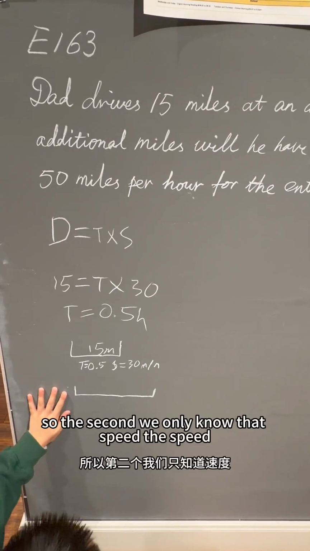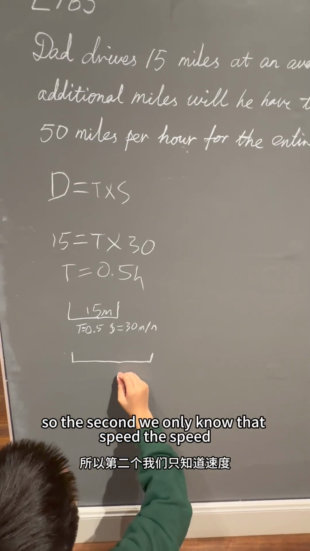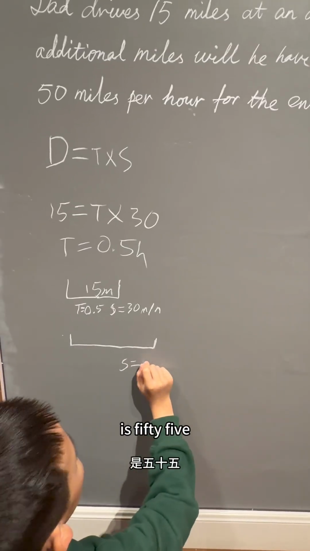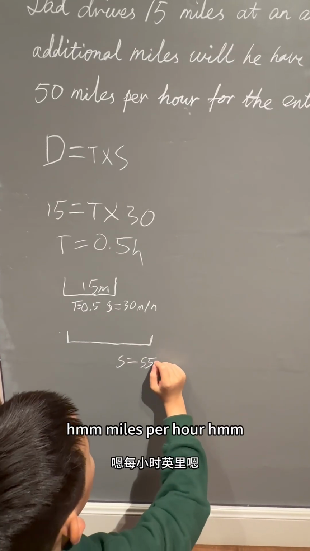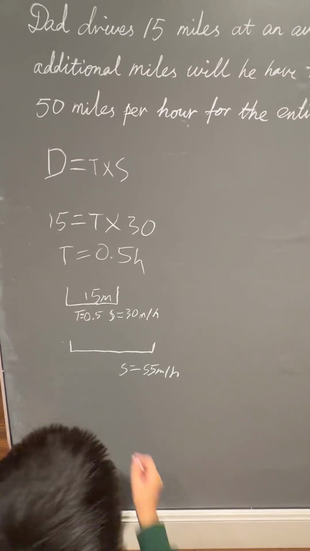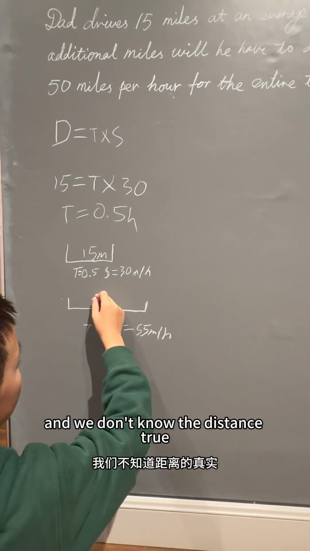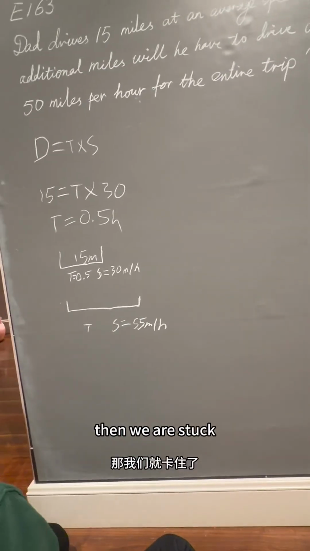Right. So for the second, we only know that the speed is 55 miles per hour. And we don't know the time, and we don't know the distance. Then we are stuck. How do we solve it?